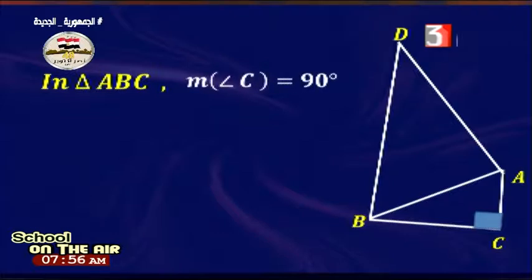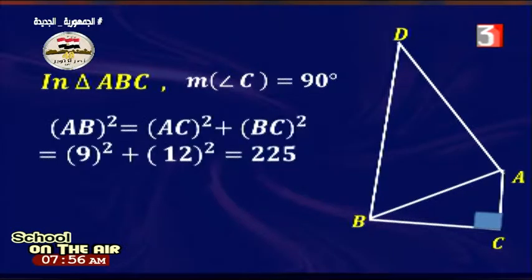Then you are going to use Pythagoras theorem, which you have studied before, which says that the length of the hypotenuse AB power 2 equals the sum of the squares of the length of the other two sides, which is equal to AC to the power of 2 plus BC to the power of 2, which gives a result as 9 to the power of 2 plus 12 to the power of 2, and gives an answer as 225.